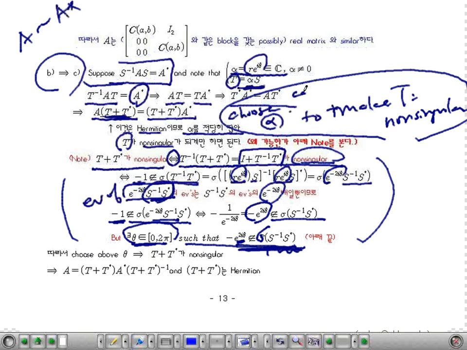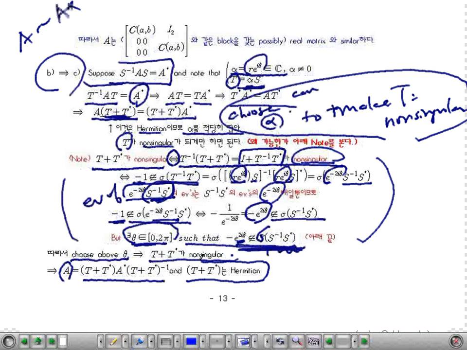We can choose alpha so that T is non-singular. So now we choose theta for that purpose. Then we can construct a matrix T such that T plus T star is non-singular. So A is equal to T plus T star times A star times the inverse of T plus T star.